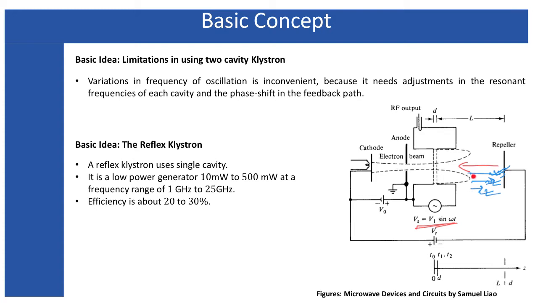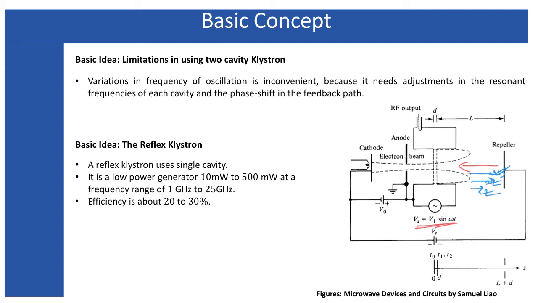The electrons entering deeper towards the repeller end get a longer time to reach the cavity compared with the other two groups of electrons which enter a lesser distance. But all three sets of electrons reach this cavity at the same time, and that is why bunching of electrons takes place, once per cycle.